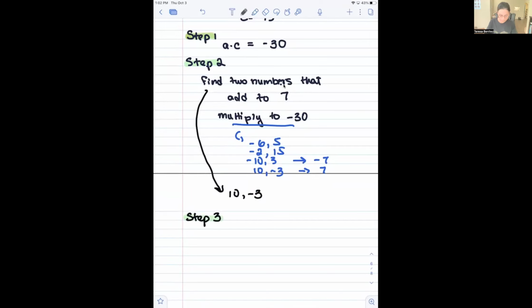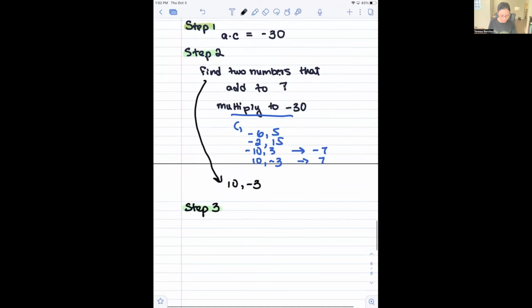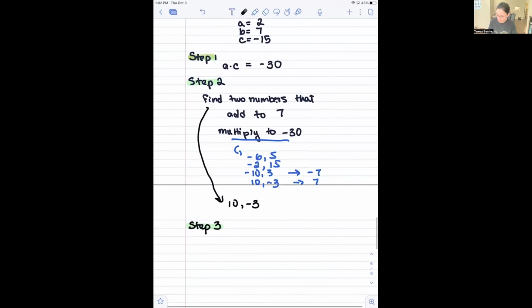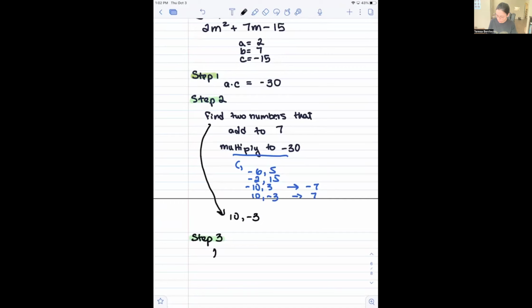For step number 3, I want to expand b. Reading straight from the notes: expand b using numbers from step 2. So then I have my equation, I have 2m squared, and now b times m.